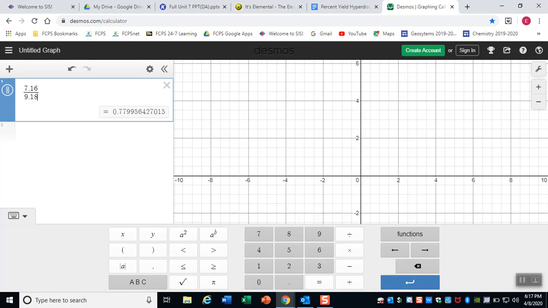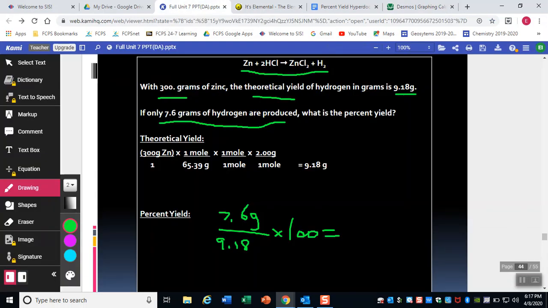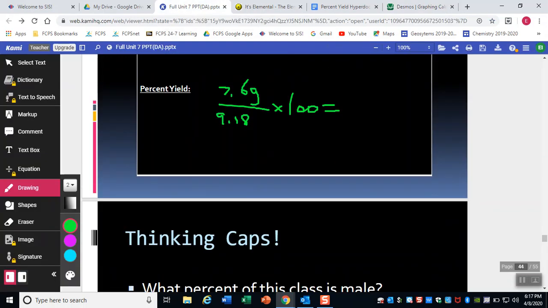And then I'm going to times it by 100 to make that into a percent. Notice it just moves the decimal over, didn't change any numbers. So 77.99%. I don't know if that's okay.